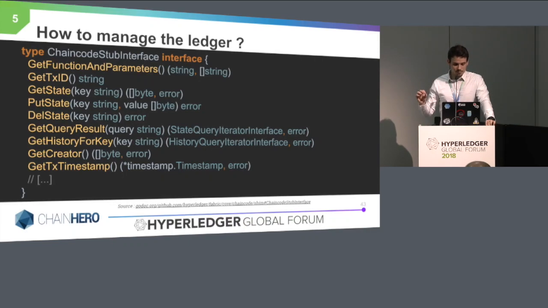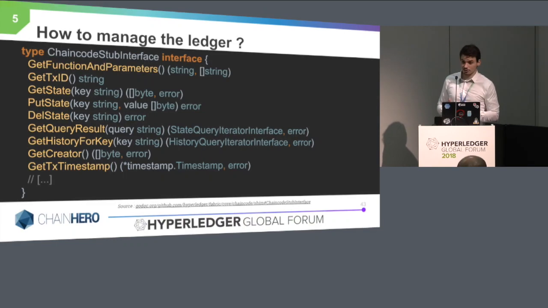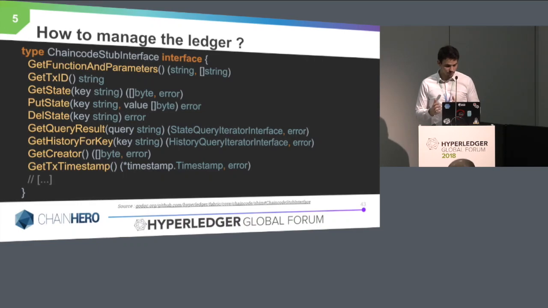So get query result is here in order to proceed with this kind of query. If you don't use CouchDB, this will fail. So take care of the network structure. In the project we will run today, CouchDB is already provided and ready to use. So you can use this function if you want.